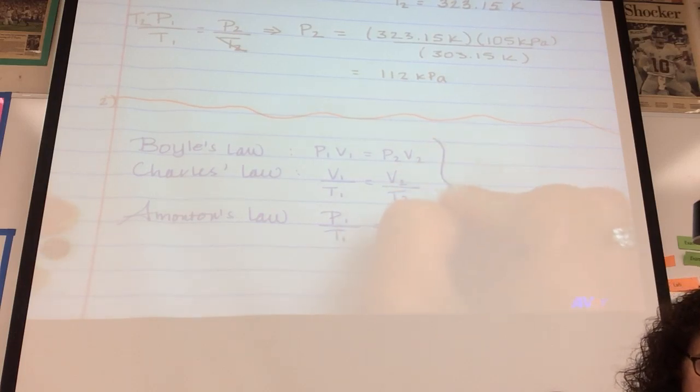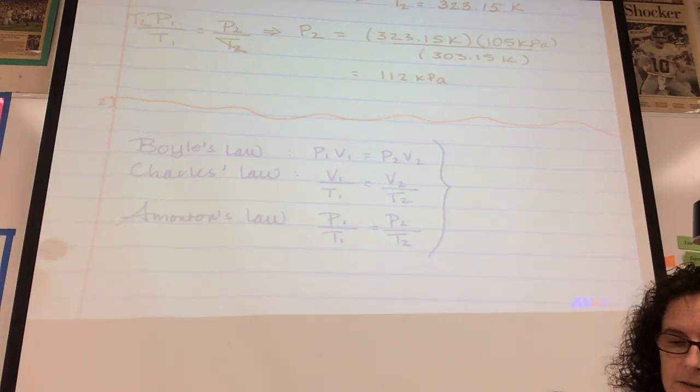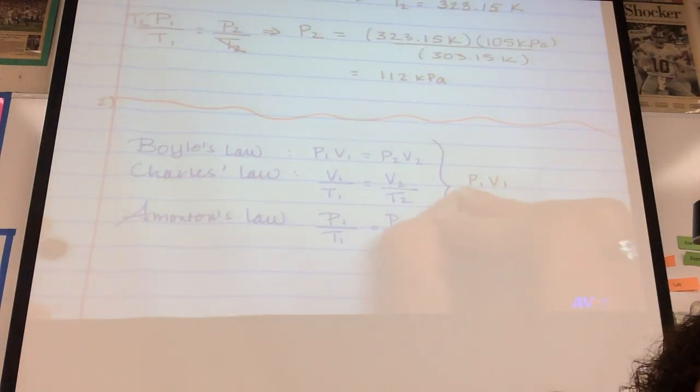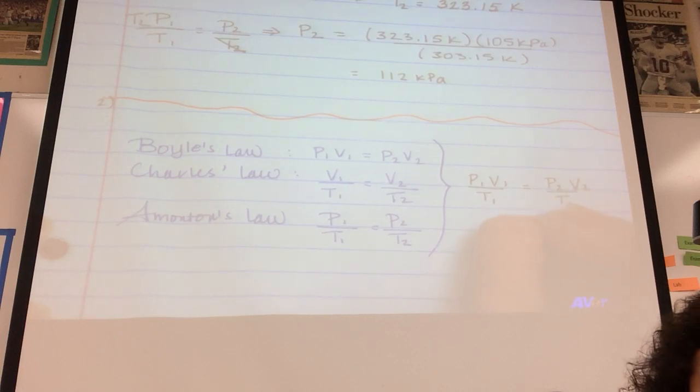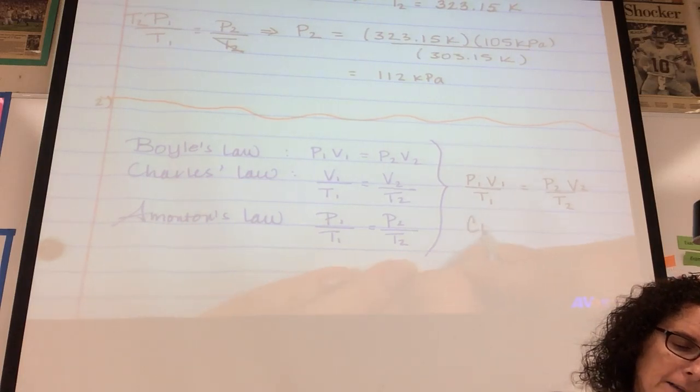And we can generate one combined gas law where we have P1 times V1 over T1 is equal to P2 times V2 over T2. And this is known as the combined gas law.